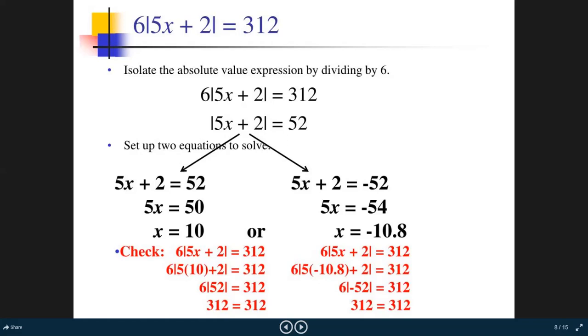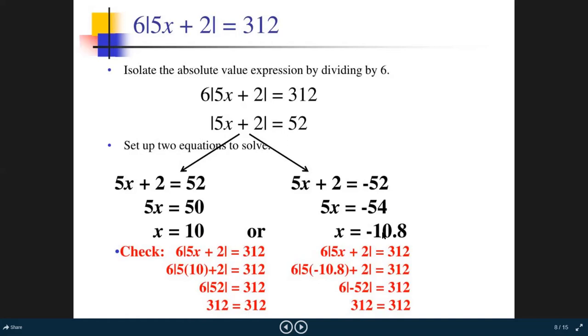This will help you. Now 10 is the value of x, so substitute the value of x, or replace x by 10. Now you can check your answer, 312.